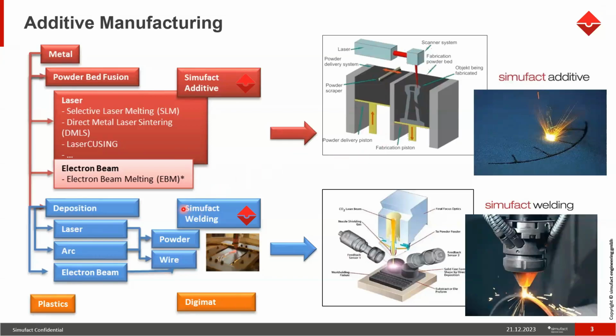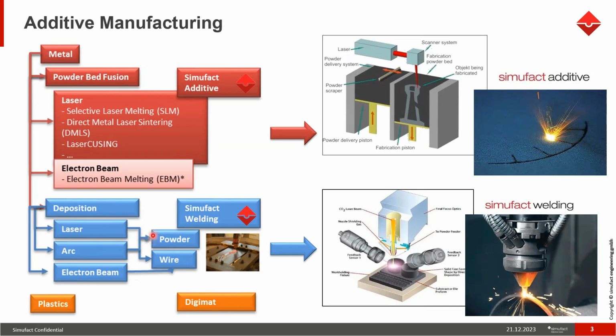One more method is for deposition, using arc-based or laser beam methods. That is called the DED method, direct energy deposition. Here we can use laser-based or arc-based heat sources to deposit material onto the base plate.